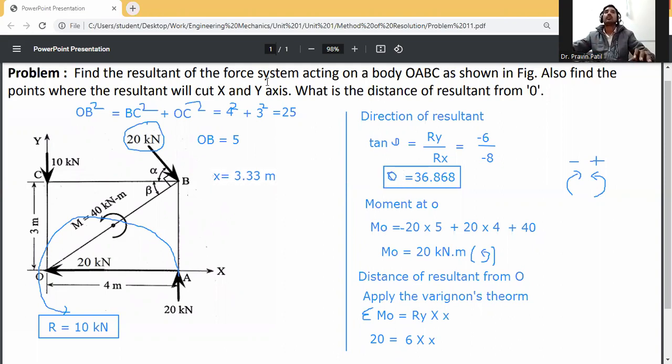Now apply Varignon's theorem for the second time.